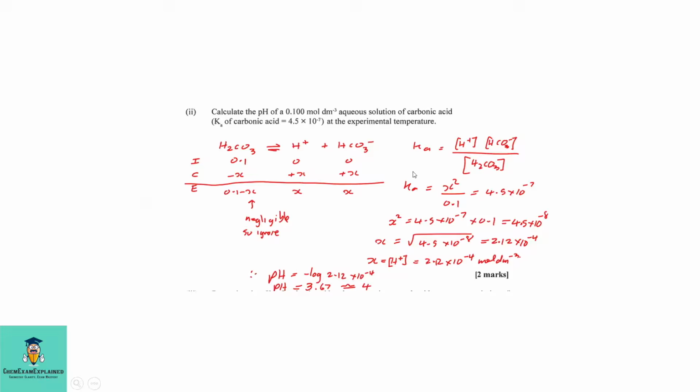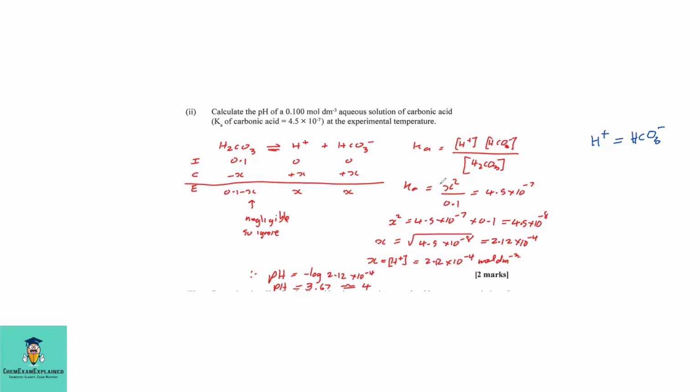So from that, we're going to write our Ka expression, and Ka is equal to the proton H+ concentration times HCO3- concentration divided by the H2CO3 concentration. Now we must remember that H+ is equal to the HCO3- concentration.